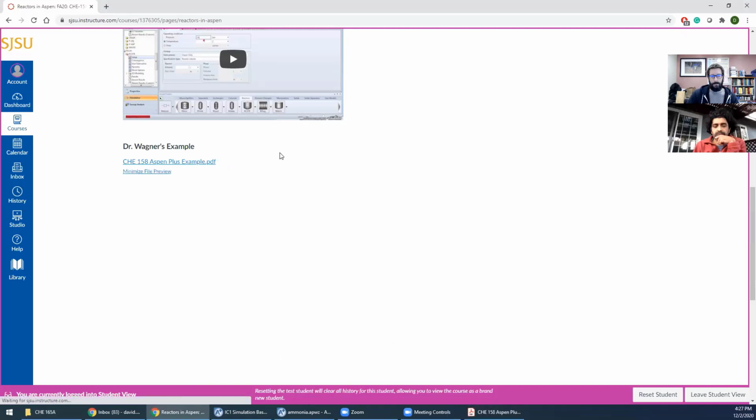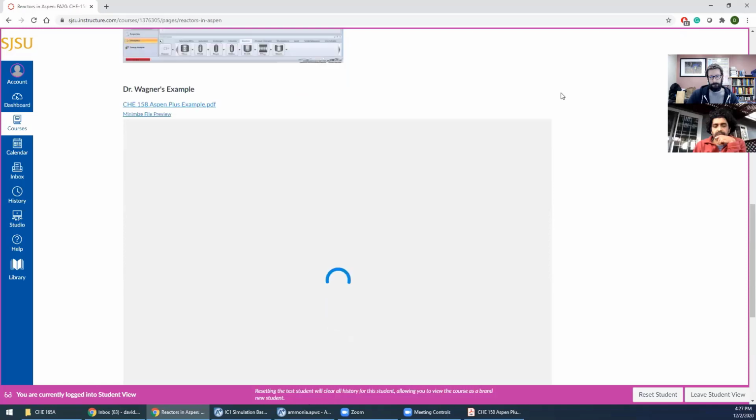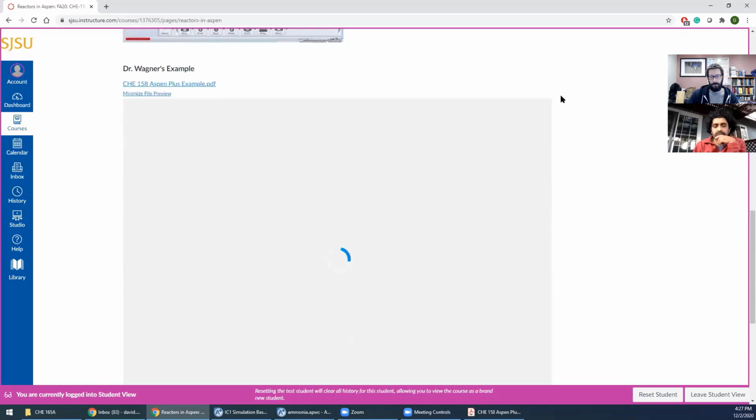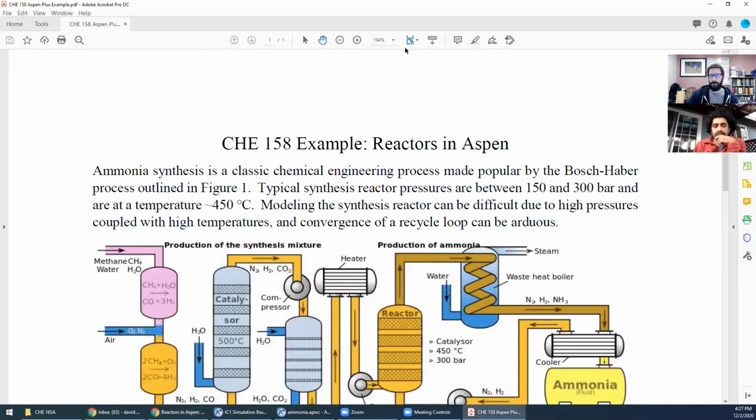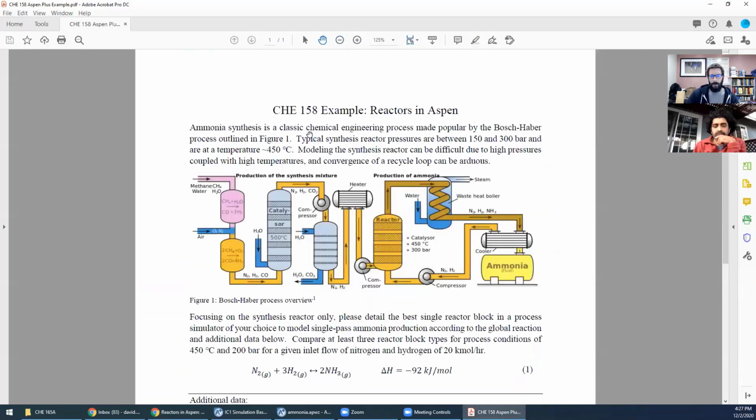So this example is taking a while. Anyway, if you were to click on that, you're going to get this. This is a very simple, or simplified, expression.